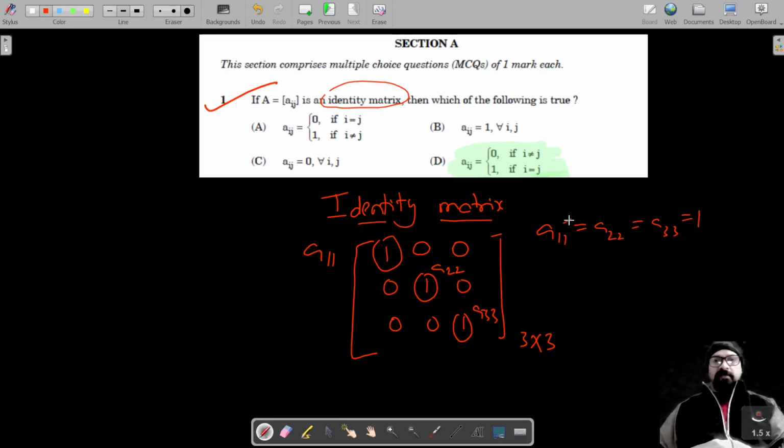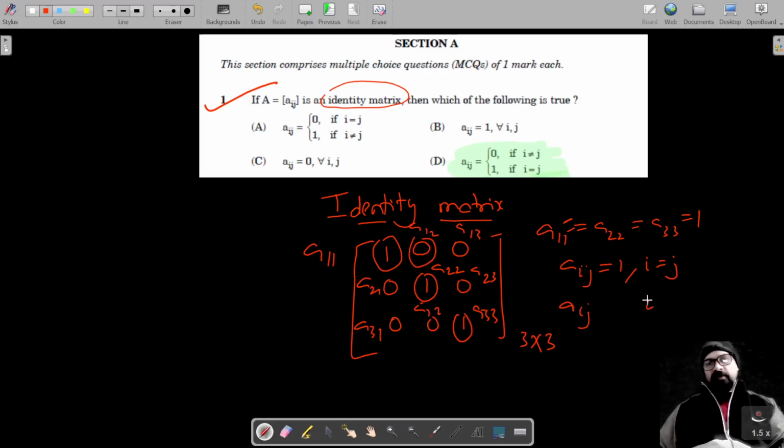That is, when the row and the column are equal, the element is 1. And these are a12, a13, a21, a23, a31, a32. Now for all the elements where i is not equal to j, the elements are 0.